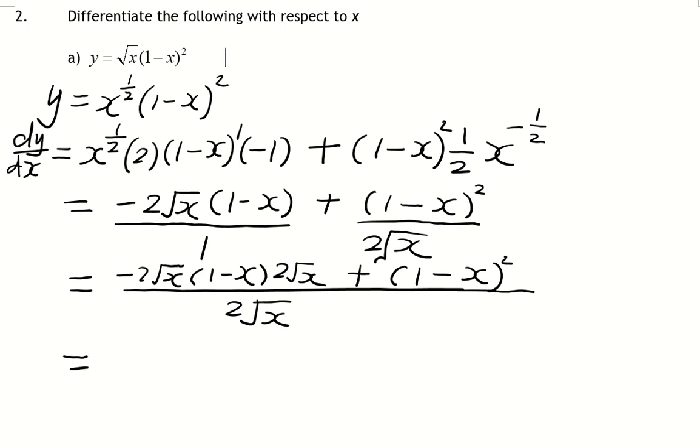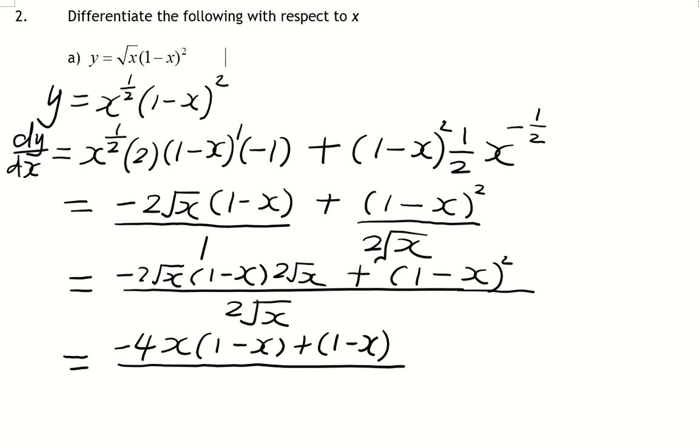So now what you need to do is simply simplify the numerator. Minus 2 times 2, you get negative 4. Root x times root x, you get x. Bracket 1 minus x, plus (1 minus x) squared, over 2 root x.